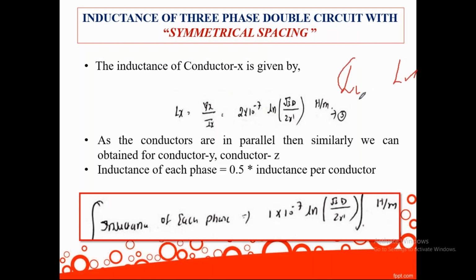So for circuit 1, we have to find lx, ly, and lz, and then take the average value. Finally, you will get the total inductance. So this is the inductance of a three-phase double circuit with symmetrical spacing.